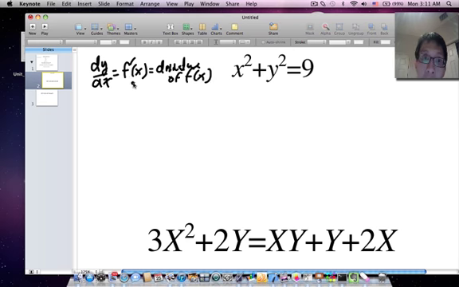By plugging in points, you're able to find the slope, which is the main reason why we're looking for derivatives: to find the slope. Slope of what? Of f(x).